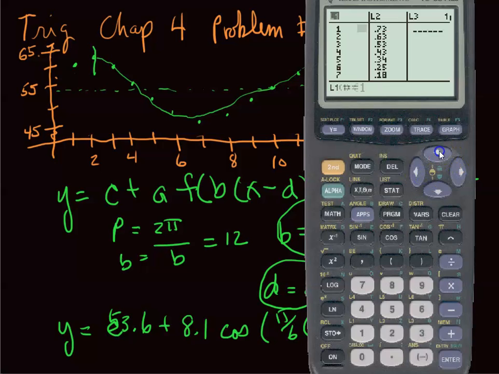I always use those. Clear out L1. You go to the name, press Clear, then Enter. Go to the name of L2, press Clear, then Enter. And now those are all clean to use. The values that you've got here are just 1 through 14.